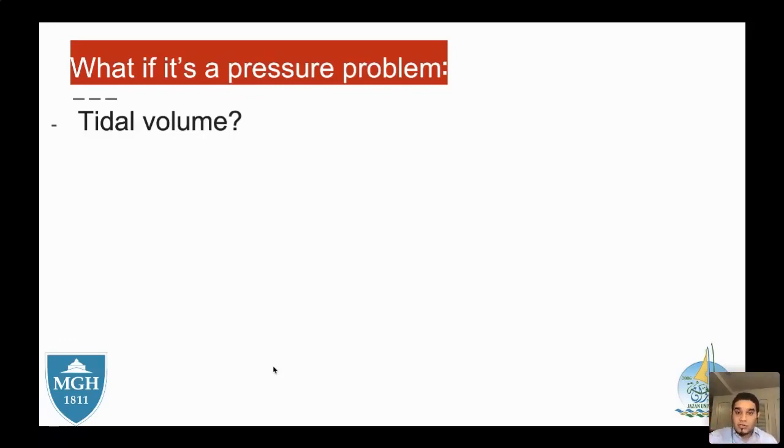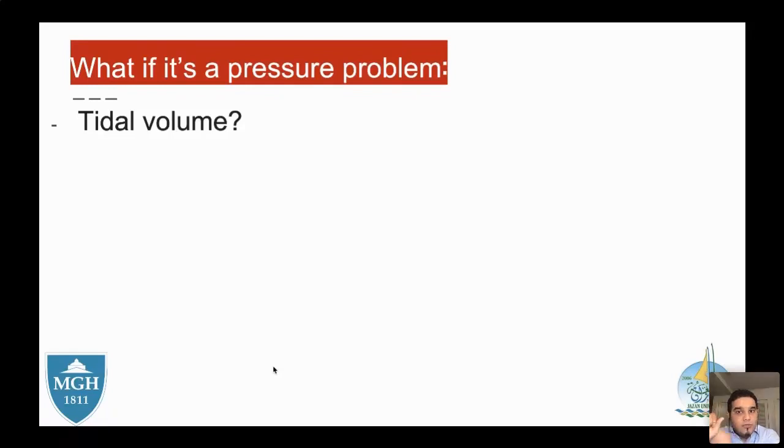So the first thing you can do is go down on the tidal volume to the recommended ARDSNet range, which is 4 to 6 mL/kg, but go down to 6 first. Two questions you have to think about: when I go down in the tidal volume, what's the problem?